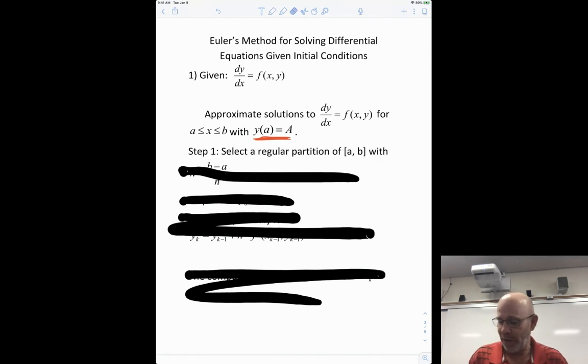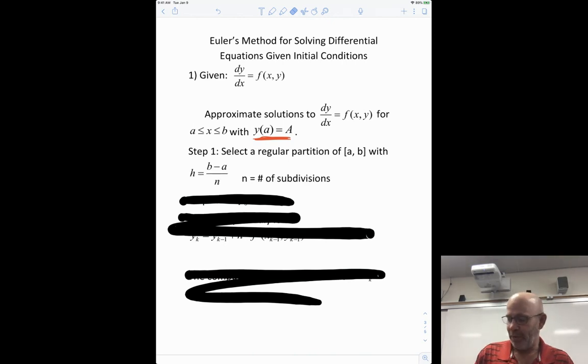The way you do it is you break up your interval from a to b, whatever those are. You're given these numbers, by the way, so don't worry about that. We're going to break them up into a bunch of even subdivisions, and we're going to call the width of each subdivision h, kind of like the delta x.